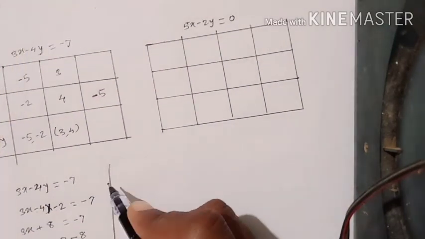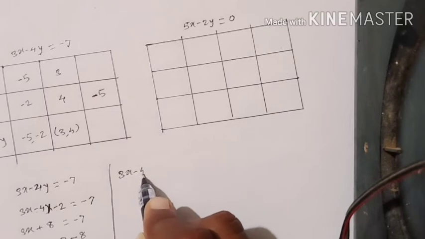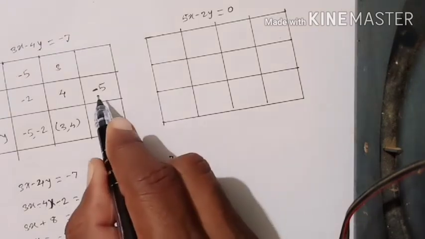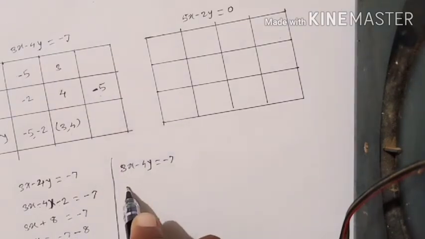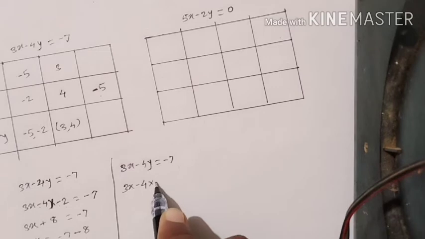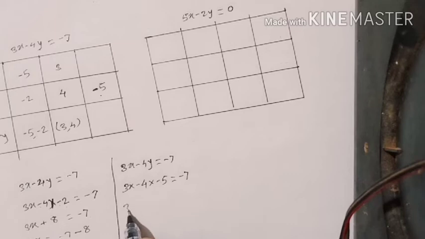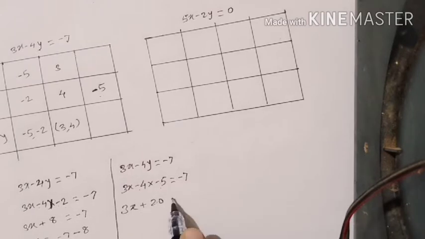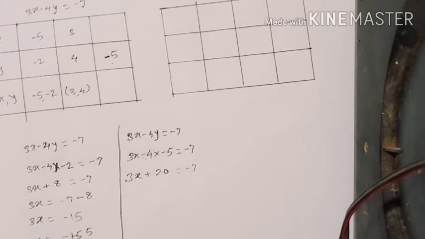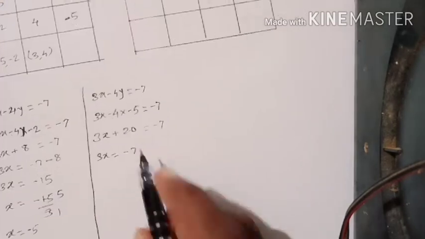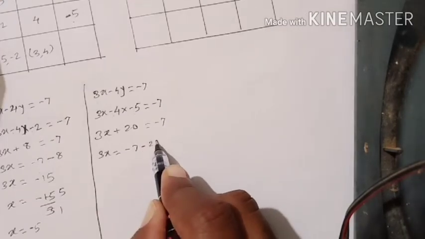Then the equation here, 3x minus 4y is equal to minus 7, and the value of y is minus 5 here. Therefore 3x minus 4 into minus 5 is equal to minus 7. Now 3x minus 4 into minus 5 is minus 20, plus 20 is equal to minus 7. Now see here, 3x is equal to minus 7. This plus 20 becomes here minus 20.